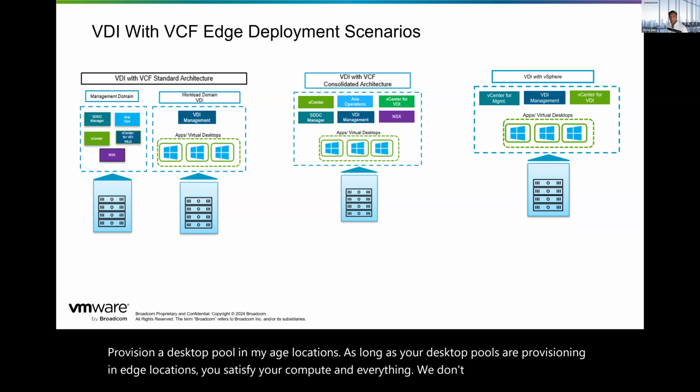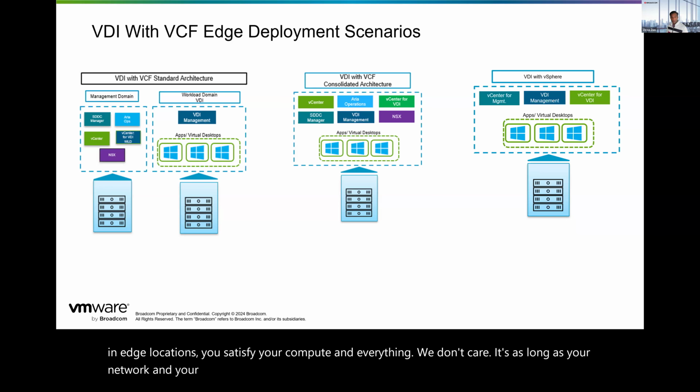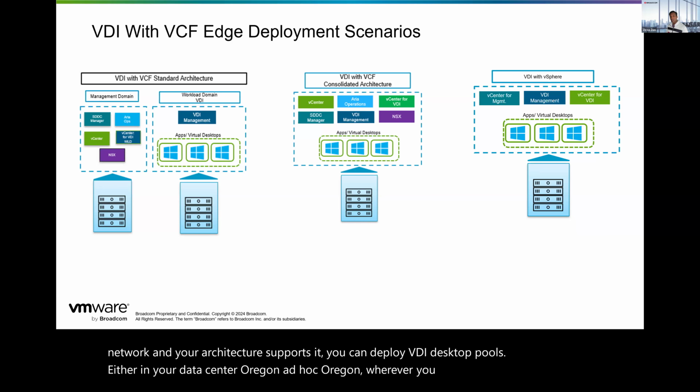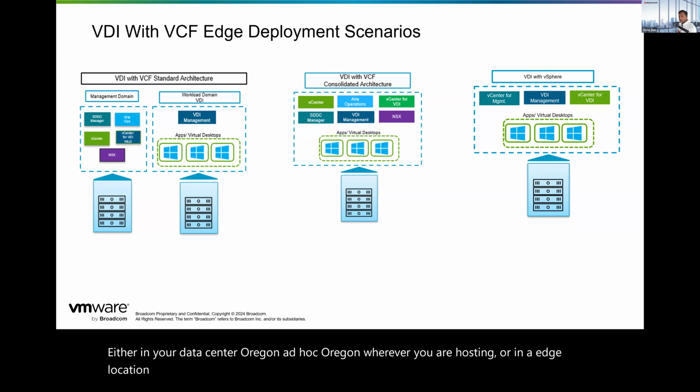As long as your network and your architecture support it, you can deploy VDI desktop pools either in your data center or an edge hub or wherever you are hosting, or in an edge location, if you wanted to give a couple of desktop pools to a nearby retail location or whatever, right? That would be okay. We don't restrict that.